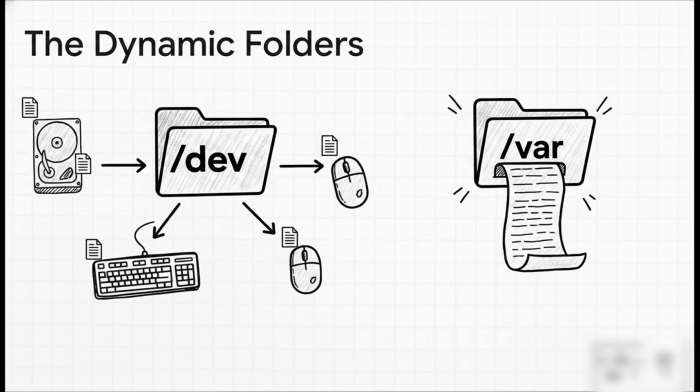The /dev directory is super interesting because in Linux, everything is treated like a file, even your hardware. So your main hard drive might just show up as a file called /dev/sda. And what's so cool about that? It means you can interact with your hardware using the same simple tools you use for regular files. It's an incredibly elegant idea. Then you've got /var, which holds variable data, like the system log files that are constantly growing.